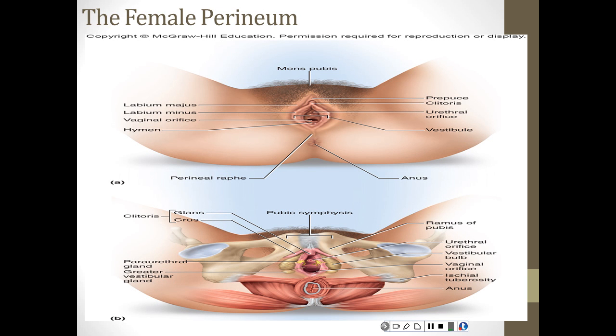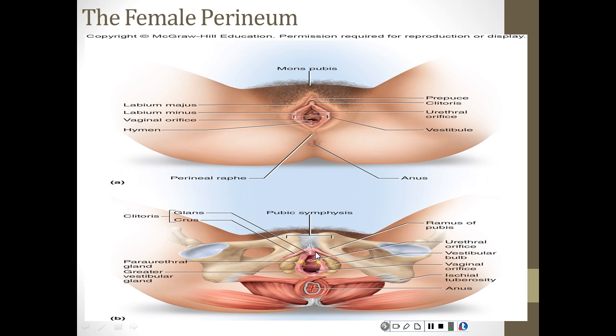Now, its head, the glans. In the bottom picture, I'm sorry, here's the clitoris. You have the glans, you have the crus. The glans protrudes slightly from the prepuce. Now, the body, the corpus, which you see here on either side, passes internally inferior to the pubic symphysis.